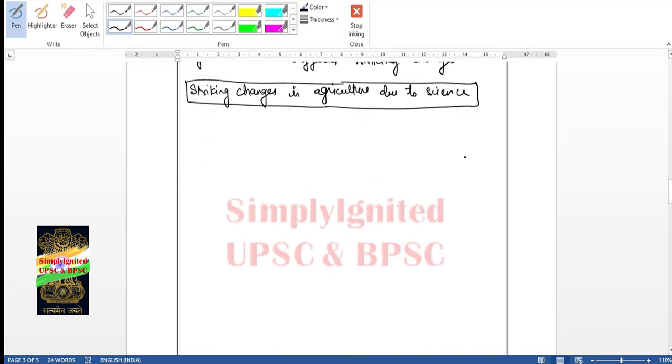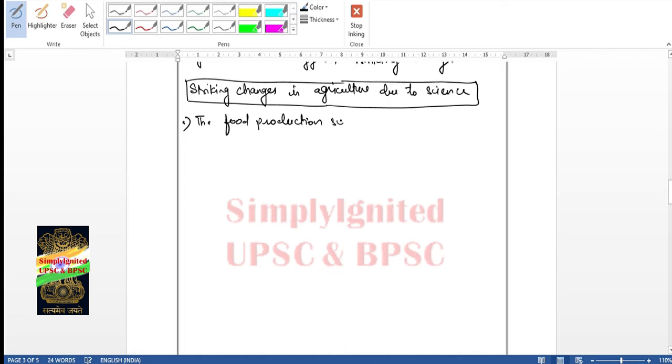Let's see. Striking changes in agriculture due to science. Okay, number one, the food production supply chain has become more efficient.